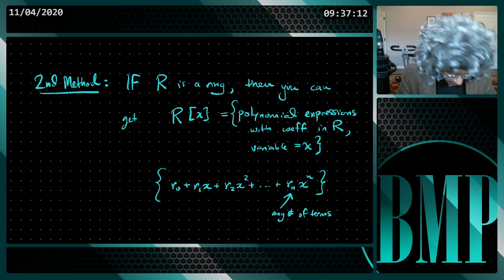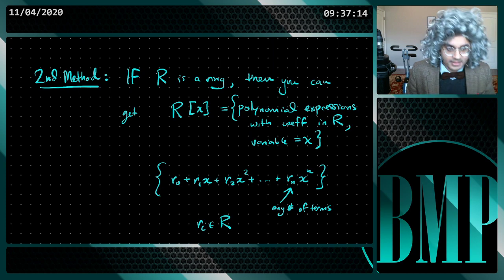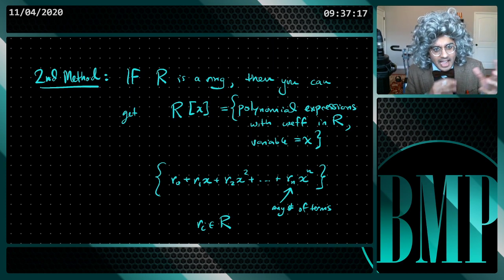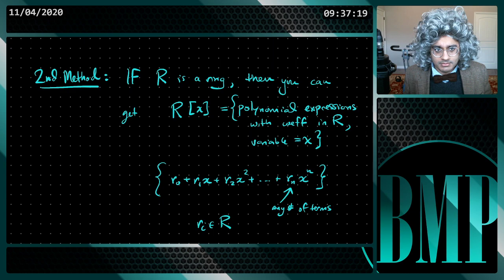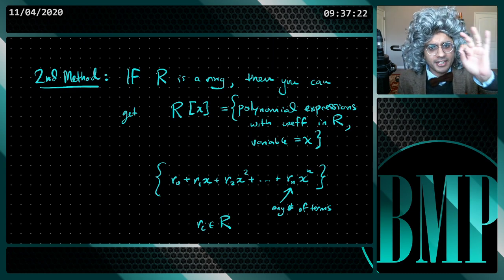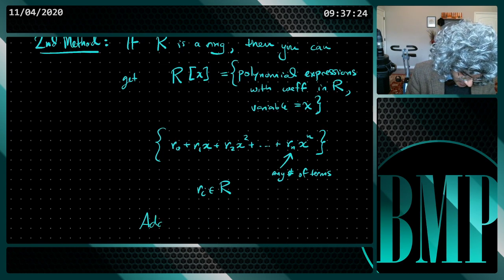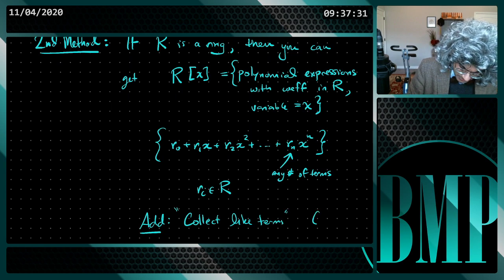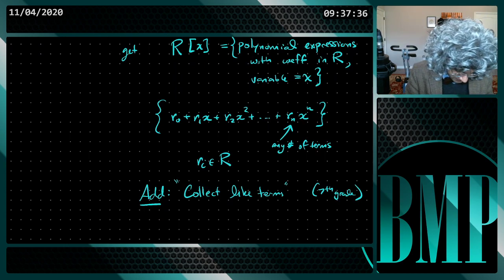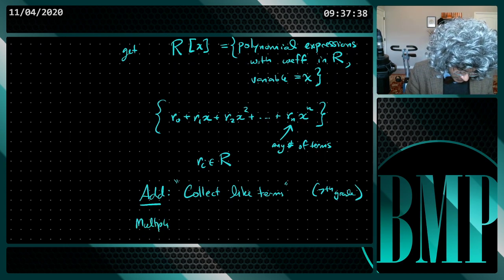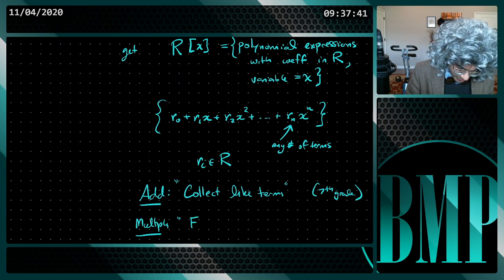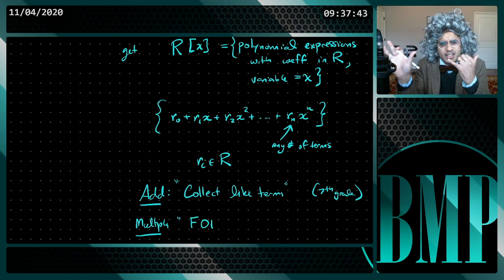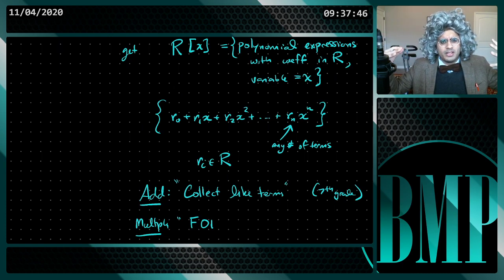And how do you add? Oh, and the r_i's are in R, in the original starting ring. How do you add two? Collect like terms. Okay, add is collect like terms. It was about 7th grade. And how do you multiply them? FOIL. But now there's like the distributive law.